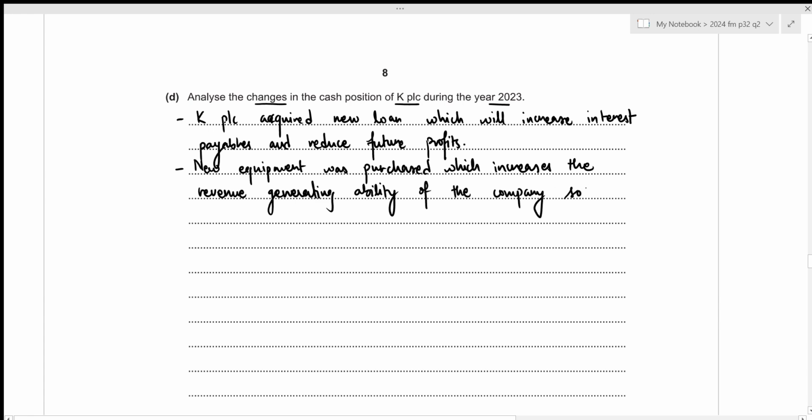So there will be an increase in future cash inflows.